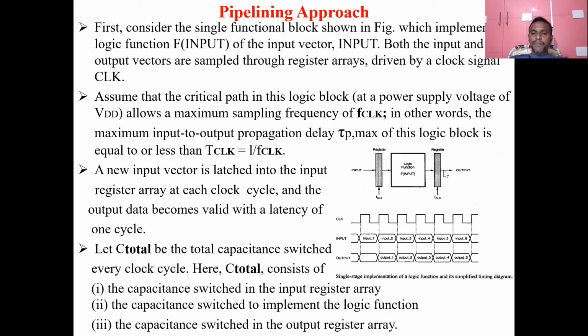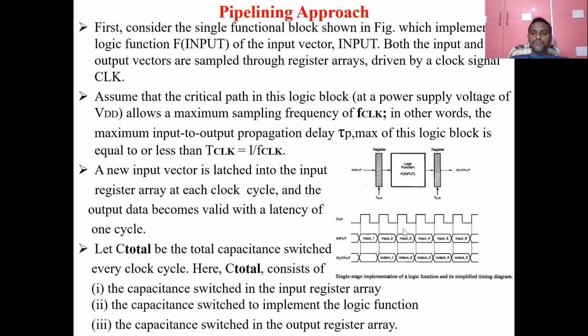The total capacitance offered by this single stage, C total, consists of the input register array capacitance, the capacitance of the required CMOS logic function, and the output register array capacitance. This is the total capacitance in this single stage implementation of the logic function.